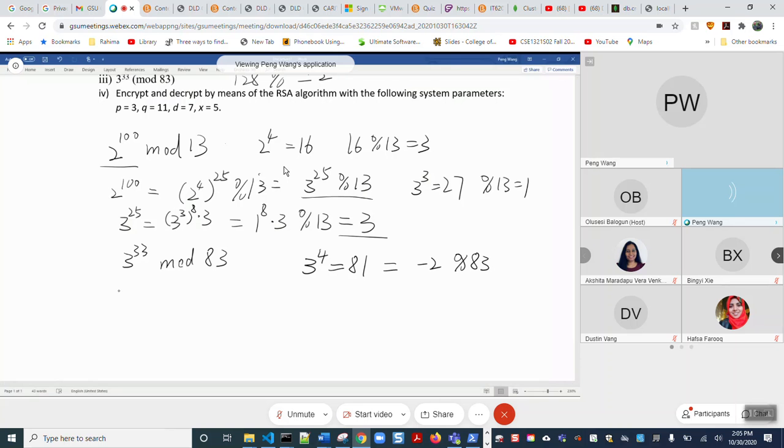And then we get 3 power 33 equals 3 power 4 to the power 8, times 3, mod 83. And then we know it's minus 2 power 8 times 3 mod 83.